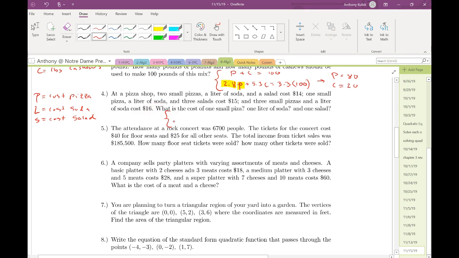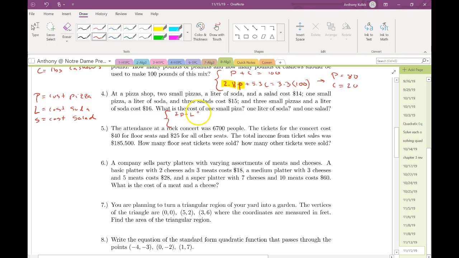So who can tell me one of the 3 equations that I would use here? Caden? Let's use L for the liter of soda.